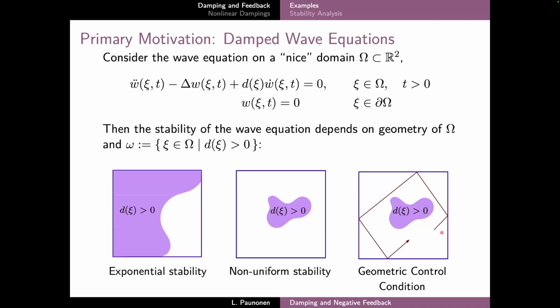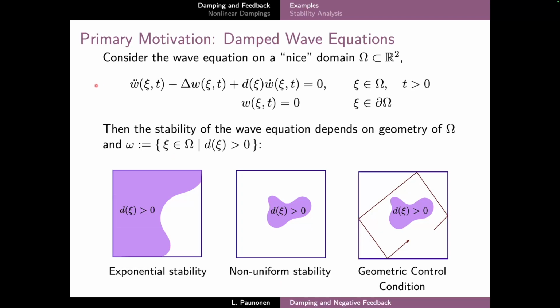If this condition holds, then all of these rays will meet the damping region, like in the case on the left here. And then we get exponential stability, which is a very, very strong type of stability. On the other hand, if we can have these kinds of rays which bounce back and forth and never meet the damping region, we get a weaker form of stability.